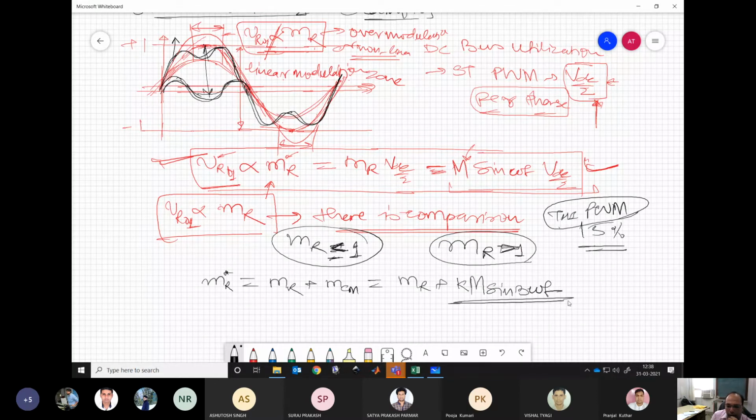This is a common mode for all three modulating signals, so it does not reflect in your VRN. In VRN you will not have any third harmonic, because it gets cancelled in the line to line voltage. This is clear to everyone?